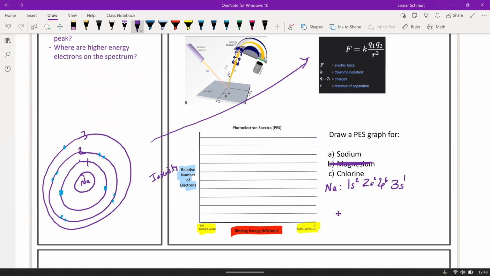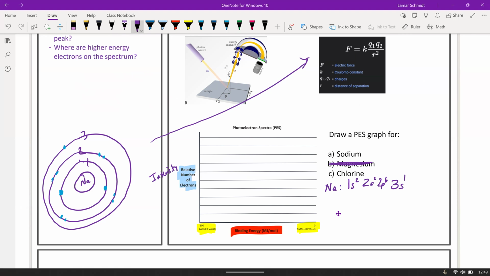So what does that tell you about the force of attraction of these energy level 1 electrons relative to the electron in energy level 3? Yeah, they're greater. Why? Because they're closer. Look where R is. So if R is a small value, what happens to F? It becomes bigger, right? So the force of attraction is greater.